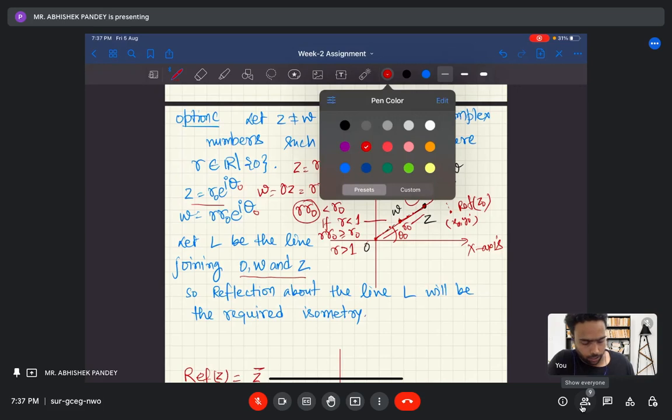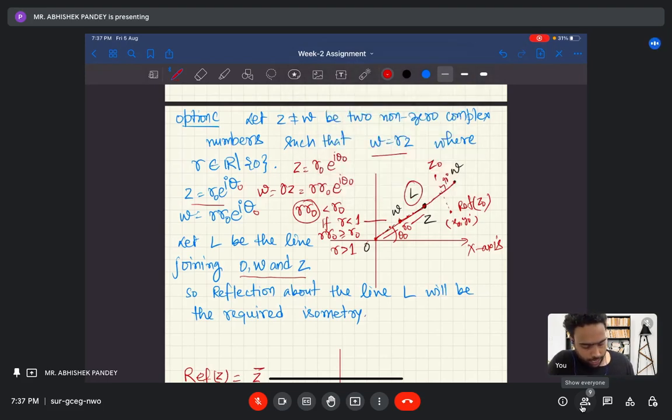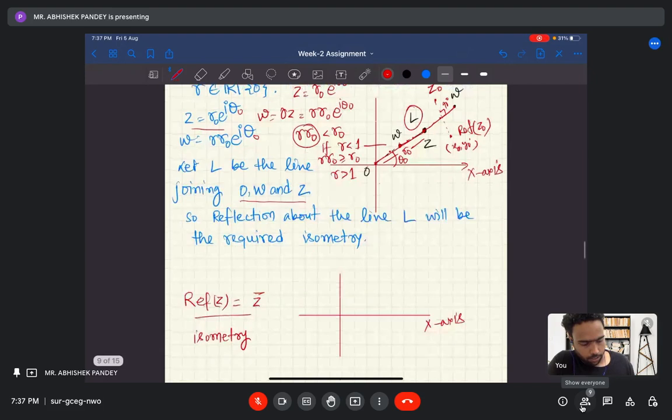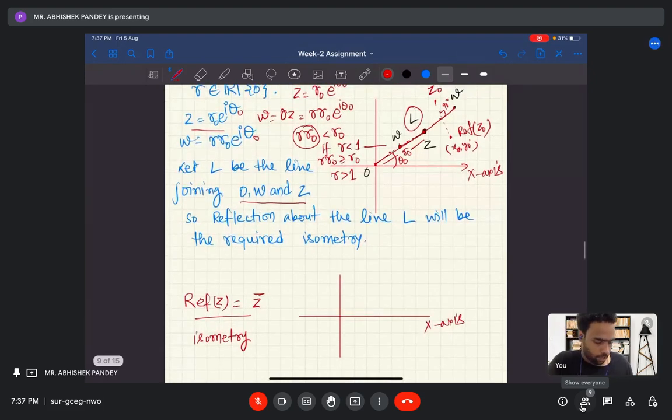Yes. Okay. So now let L be the line joining 0, w and z. Reflection about the line L will be the required isometry. Basically, reflection about the x-axis is nothing but z bar. If you have any point here, its reflection will be at the same distance on the other side, and once you compute, it will be z bar.